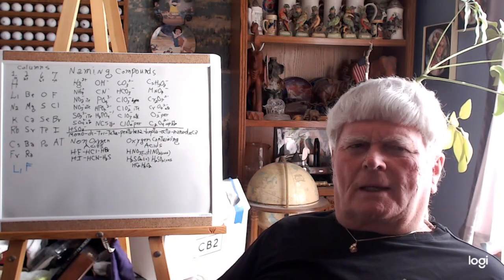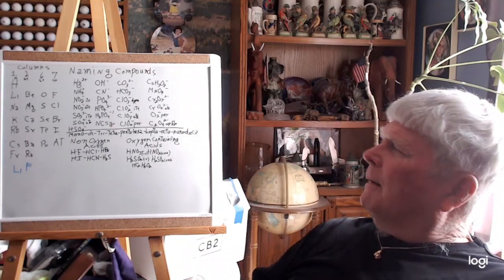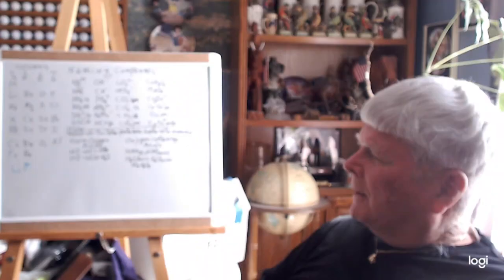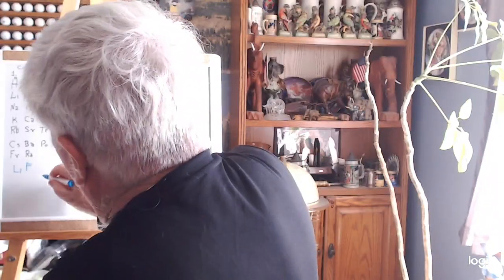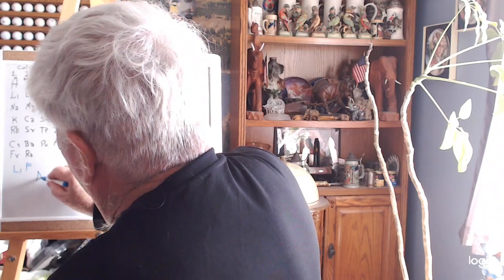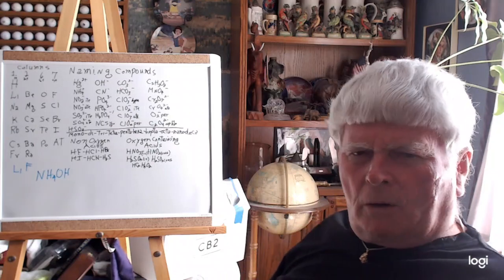Well, if you take a negative polyatom, like the one in the second column above, hydroxide, you can easily form ammonium hydroxide.